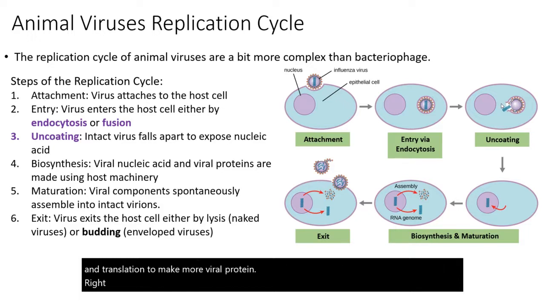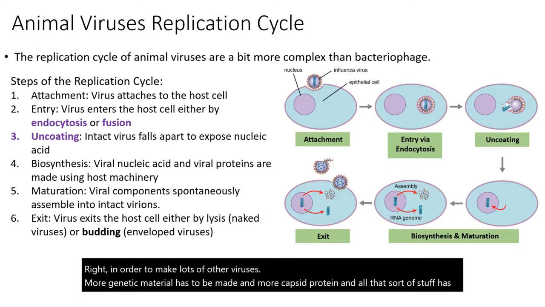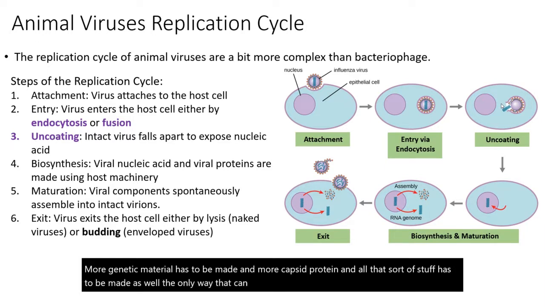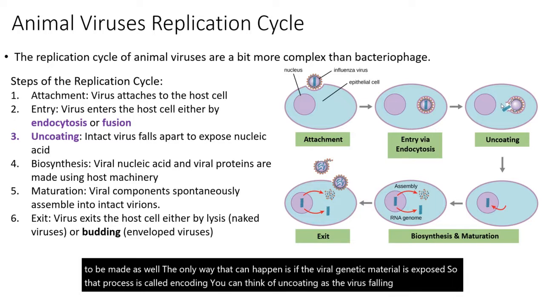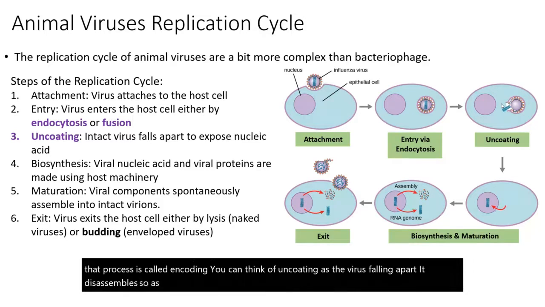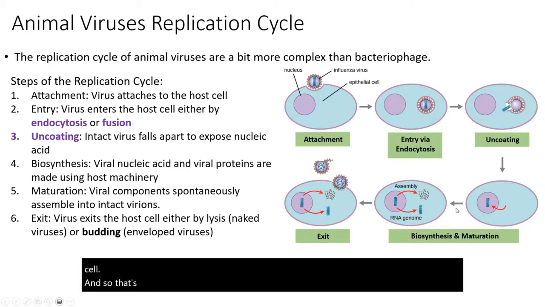In order to make lots of other viruses, more genetic material has to be made, and more capsid protein and all that sort of stuff has to be made as well. The only way that can happen is if the viral genetic material is exposed. So that process is called uncoating. You can think of uncoating as the virus falling apart. It disassembles so as to release that genetic material into the cell so it can start to take over the cell. And so that's what's happening here, okay?